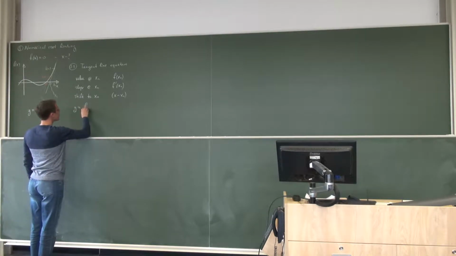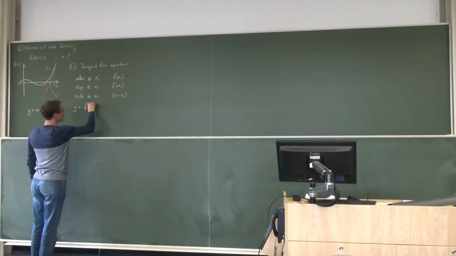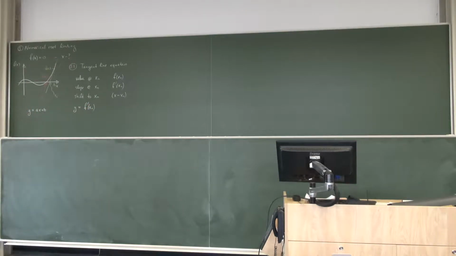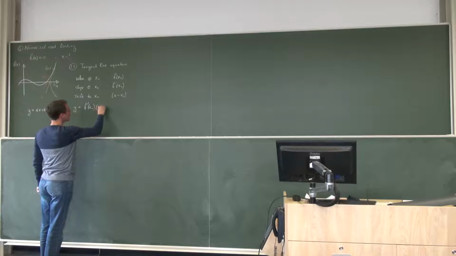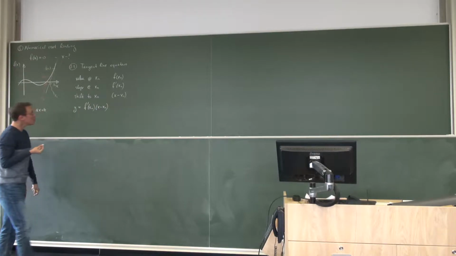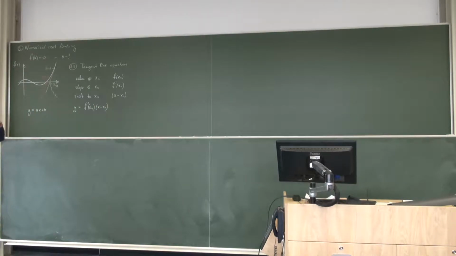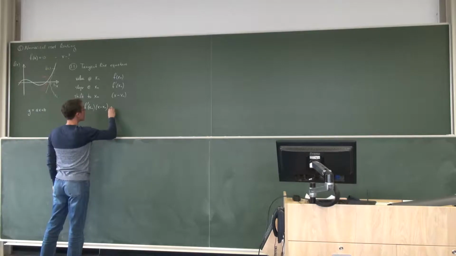So it's f prime of xn, our number. And then it's x, but x needs to be shifted. So x minus xn. And then not only does it need to be shifted, it needs to be elevated into our point, so plus f of xn. Match the value.